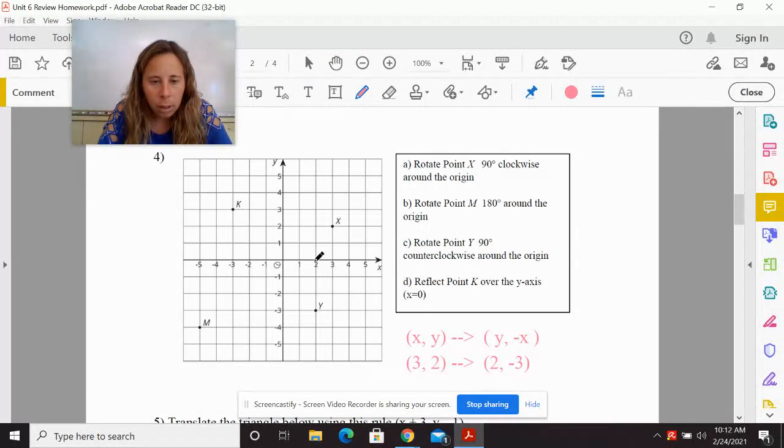2, negative 3. Oh, okay. I didn't plan that very well. It's going to land right on point Y. Oh my gosh, they're going to land on each other. I didn't do that on purpose. Okay, well, that's fine. So then you actually land right on point Y. I guess I'll put a dot there.